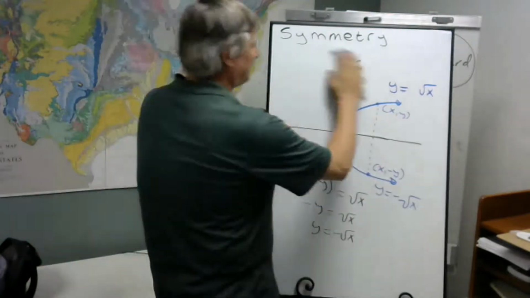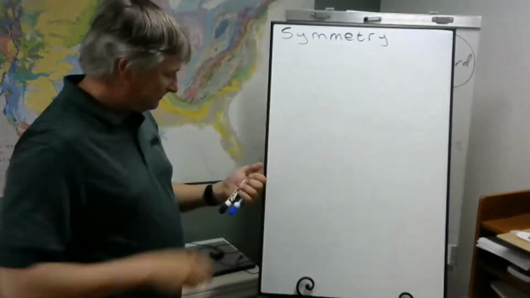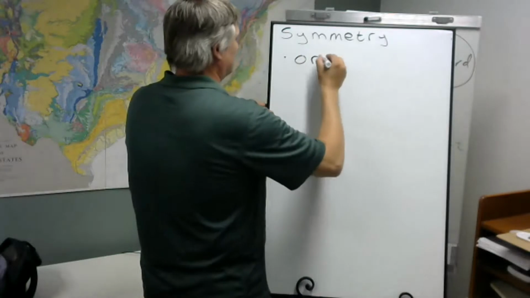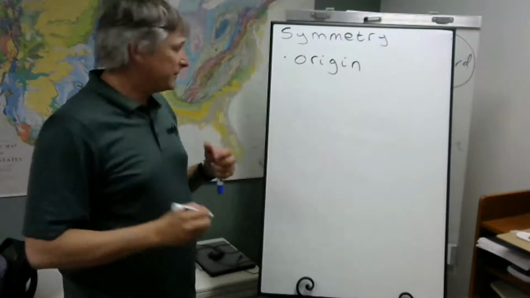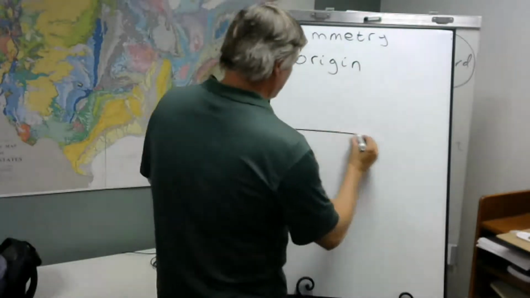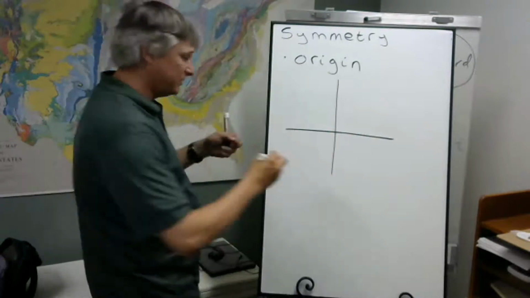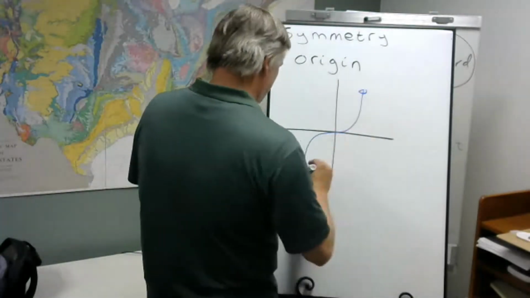Let's look at the origin. Now, for the origin, sort of the canonical function we use for this one is y equals x cubed.